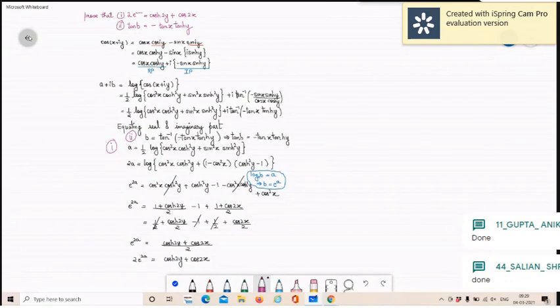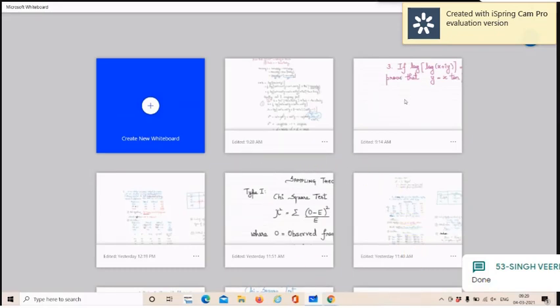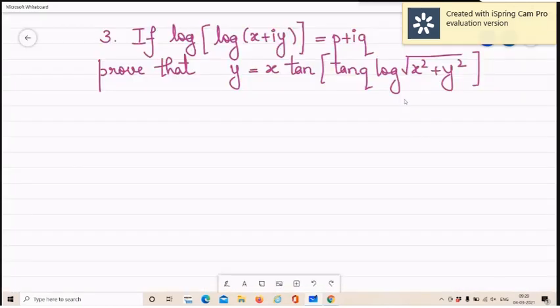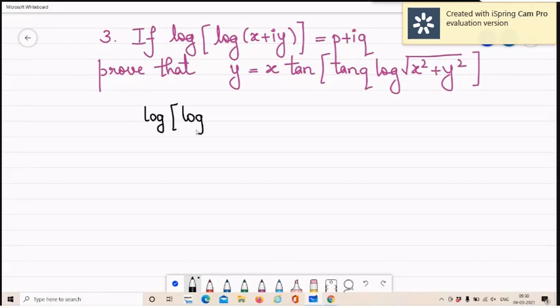Now let's see the next. You are given in the question log of x plus iy equal to p plus iq.